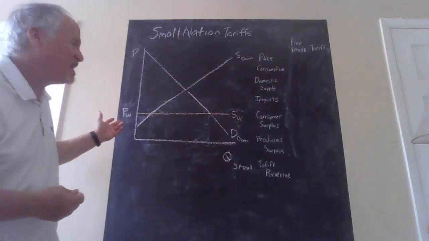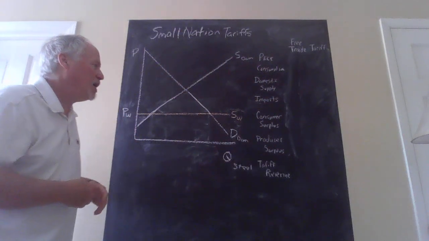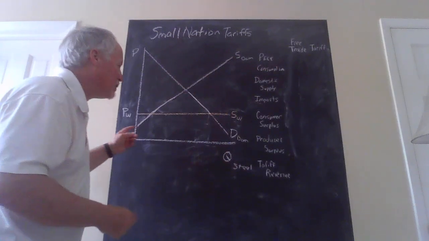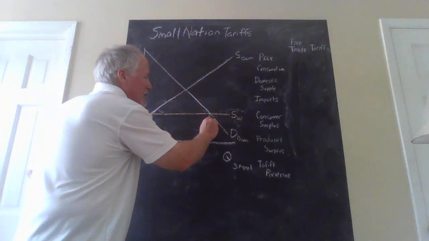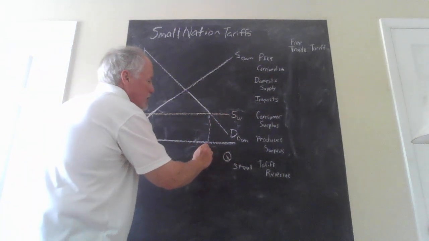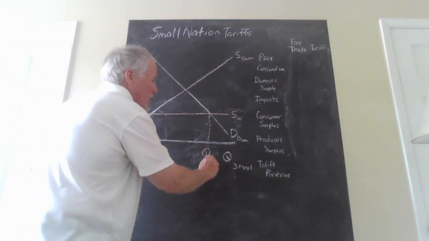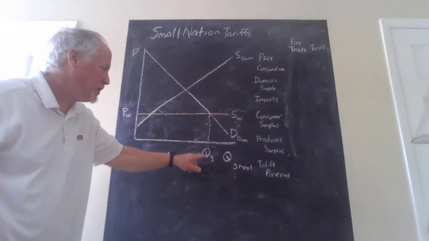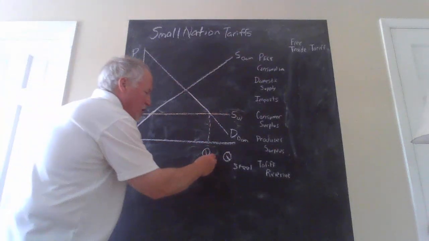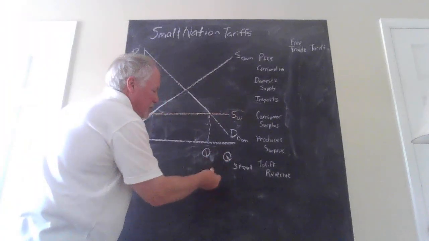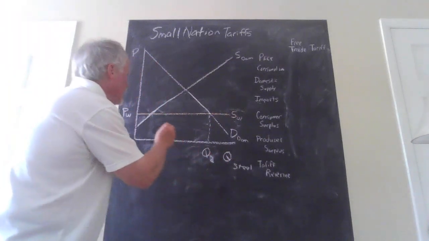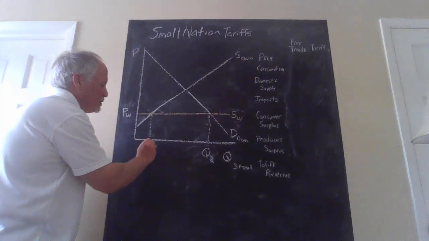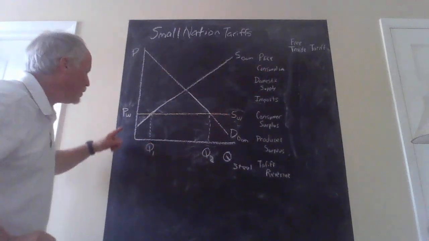Then it's the quantity demanded, where this world supply curve intersects the domestic demand curve. That's here. I would want to call this Q2, simply because I'm going to call the quantity that the domestic producers will want to supply Q1.